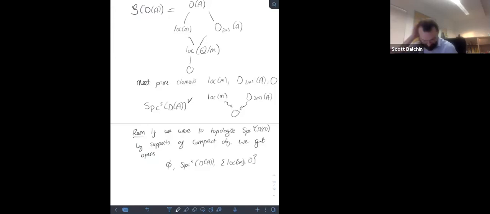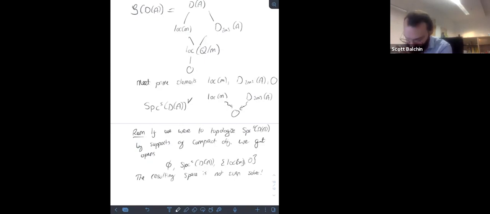So we have these 3 opens, and the resulting space is not even sober. So somehow we can't just rely on looking at the compact objects to generate the topology, which is completely as expected when the telescope conjecture fails.